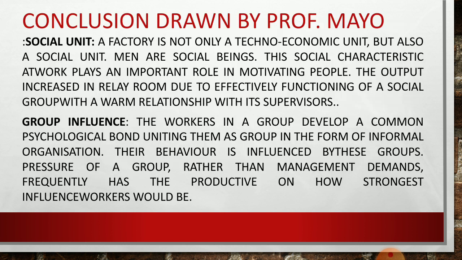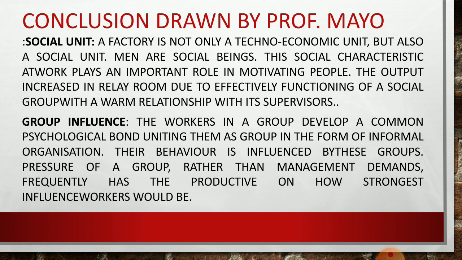This experiment was concluded by Professor Mayo, and the conclusion was drawn on the basis of two points: social unit and group influence. The first point shows that a factory is not only a techno-economic unit but also a social unit. Men are social beings. This social characteristic at work plays an important role in motivating people.